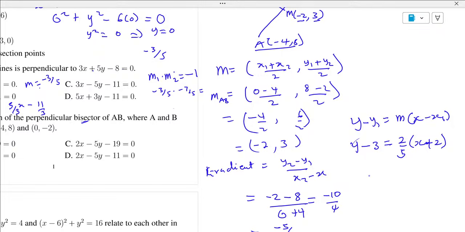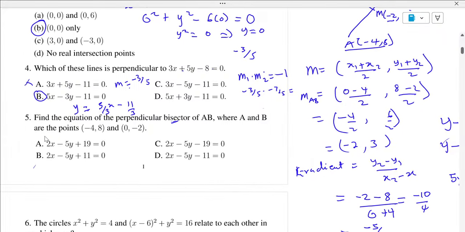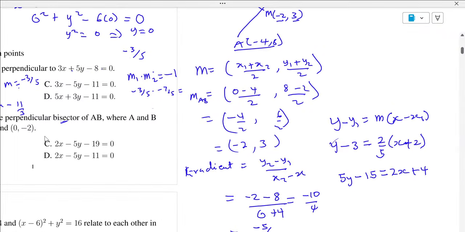Now if you simplify everything, I'm going to have 5y minus 15 equals, so let's simplify this. 2 times x will give us 2x, and then 2 times 2 will give us positive 4. Now if we rearrange it, we have 2x minus 5y, then negative 15 plus 4, that will give us 19, so plus 19.